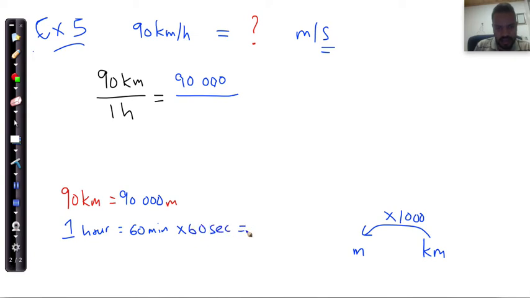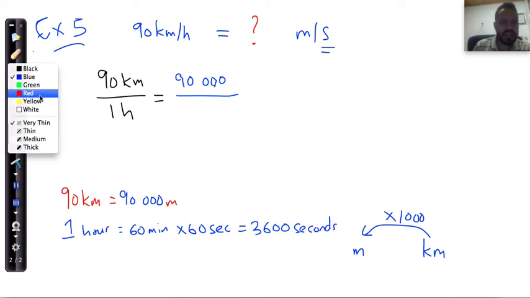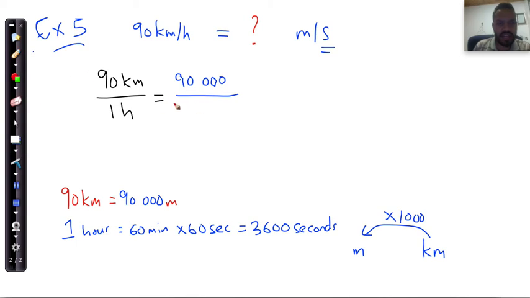Right, and that's going to give me 3,600 seconds. Okay, because now I'm talking about meters per second. So then I can say, okay, 1 hour is actually going to be 1, which comes from my hour, and then I multiply that by 60 by 60. Okay, which you can clearly see where that came from.